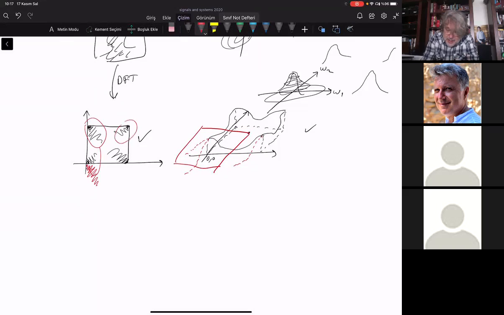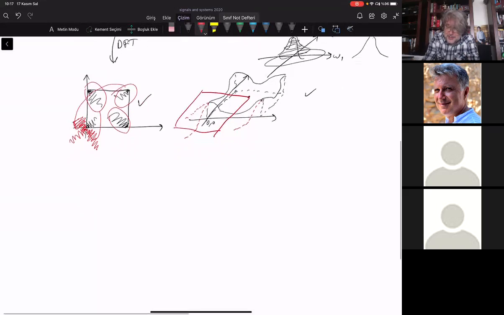Repeat them, and then take these and put them to this quadrant like this, and take these and put them here. It may be a good idea to use different colors if you wish. Let me try to do it that way. You have a DFT. This is the black. This is the red. This is the green. And this part is the blue. Let me start with the blue.